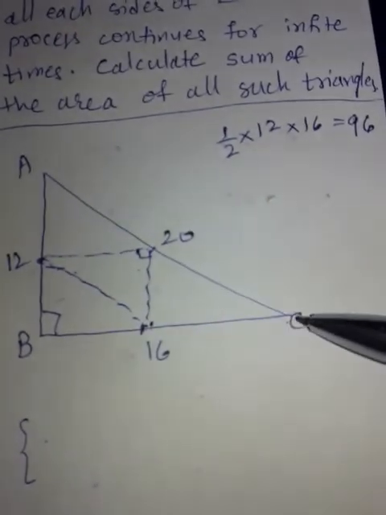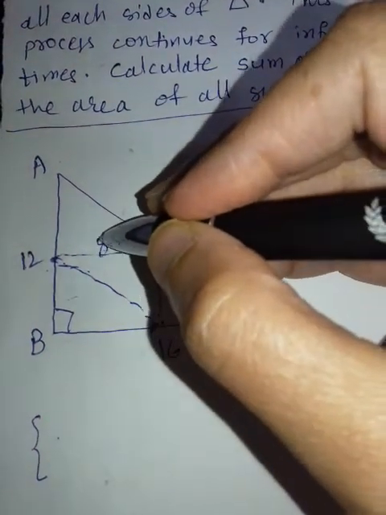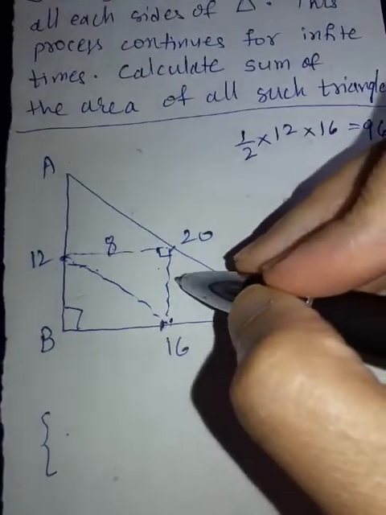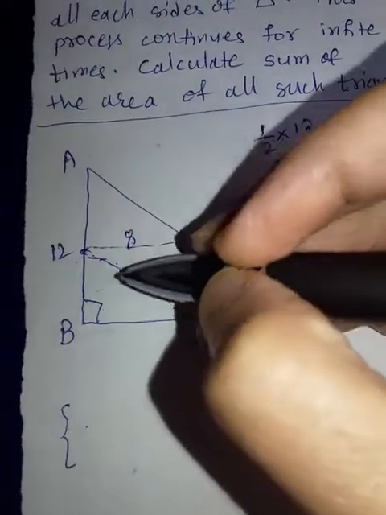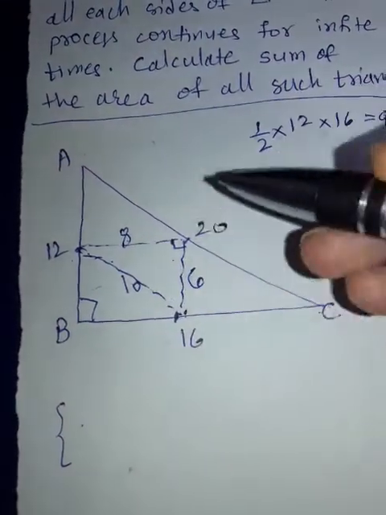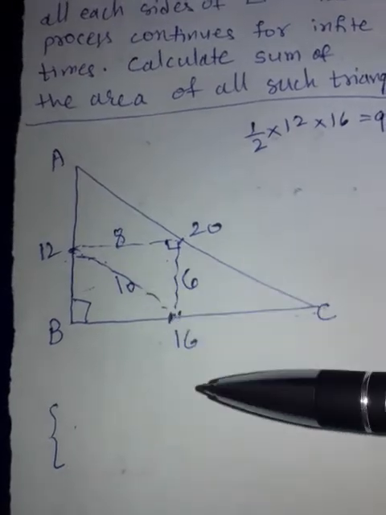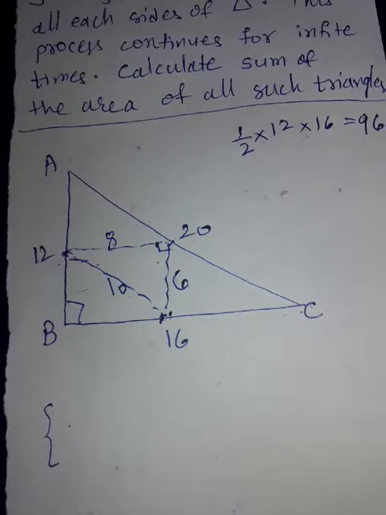So if this is 16, this is going to be 8. If this is 12, this is going to be 6. If this is 20, this is going to be 10, and this is again going to be a right angle triangle with 10 as hypotenuse, and these two are going to be perpendicular sides.